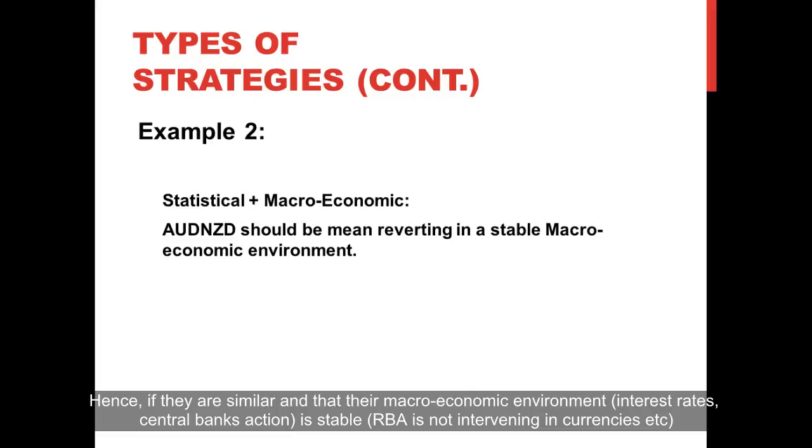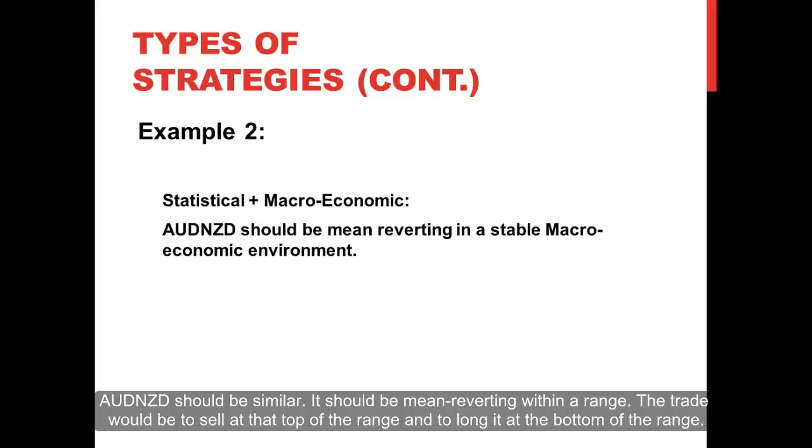And hence, if they are similar, and their macroeconomic environment, aka interest rates, central bank action, is stable, the RBA is not trying to target currency levels and so on and so forth, AUD NZD should be similar.